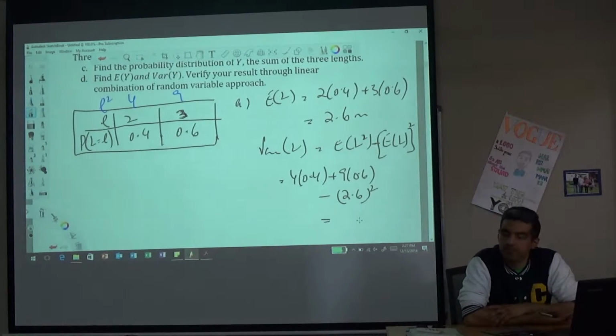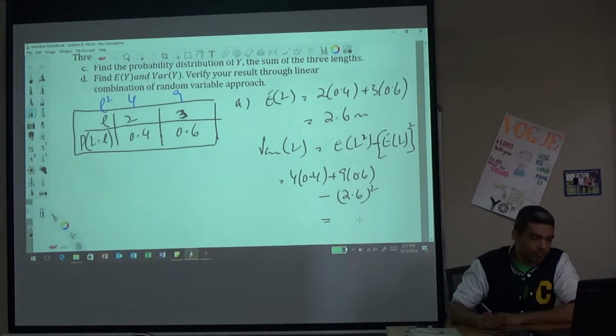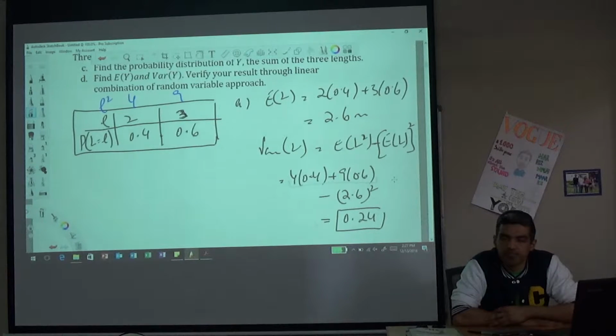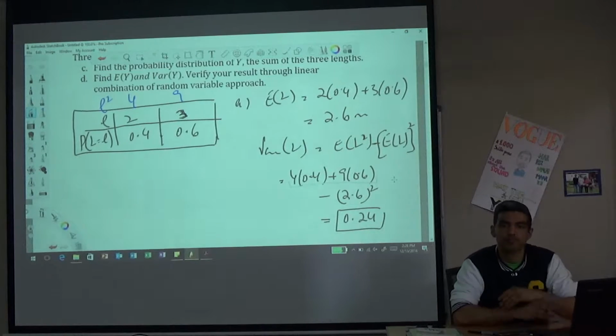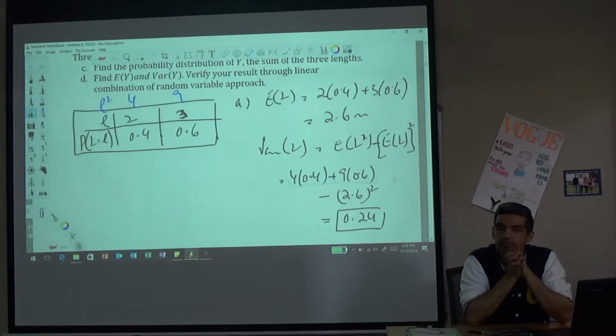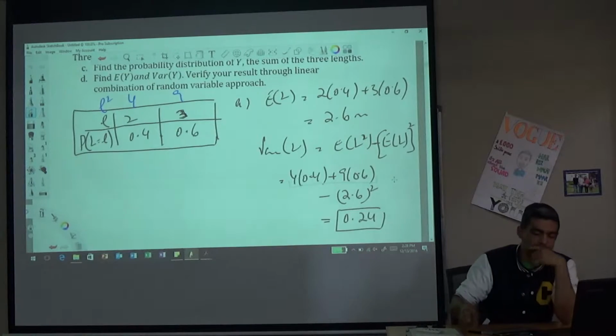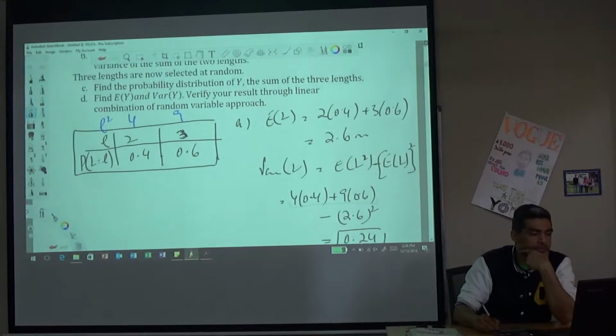You should get the variance. So this part is basically your expected value of L square. Are we good? Okay.